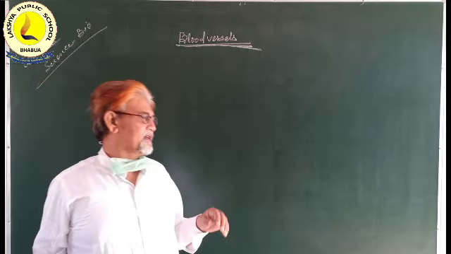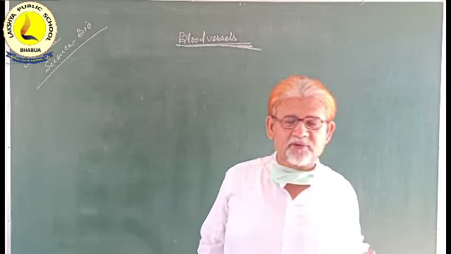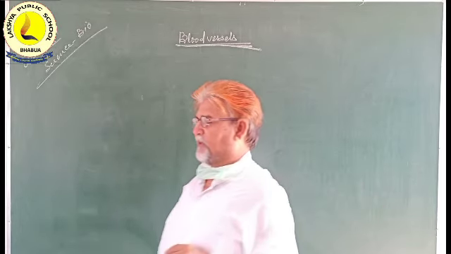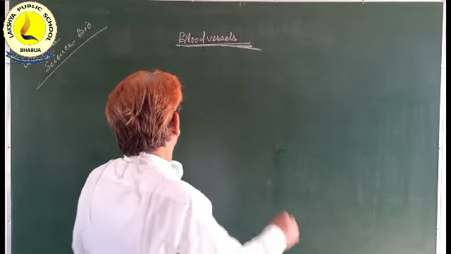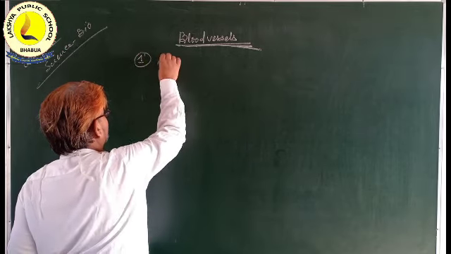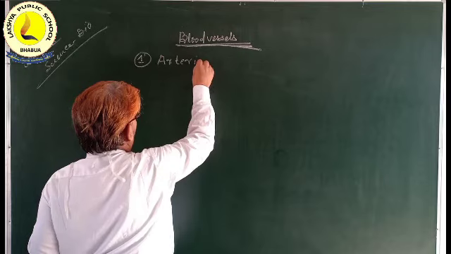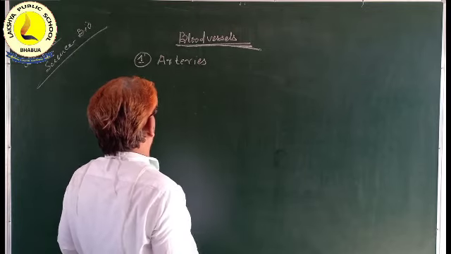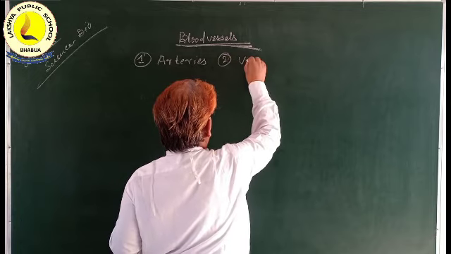Blood vessels are of three types. How many types? There are three types of blood vessels. Number one, arteries. Number two, veins.